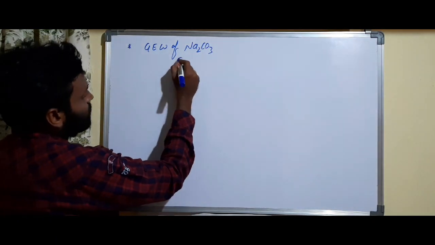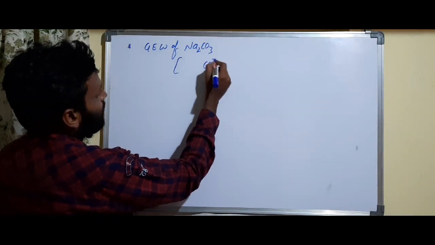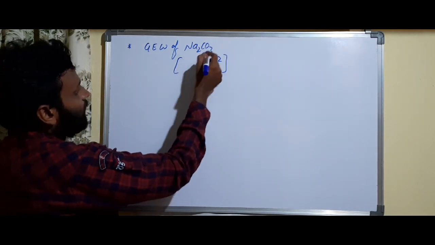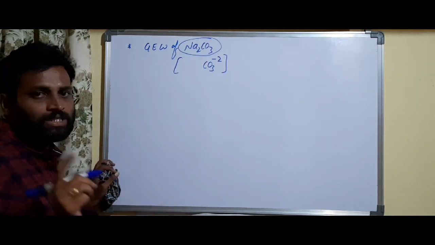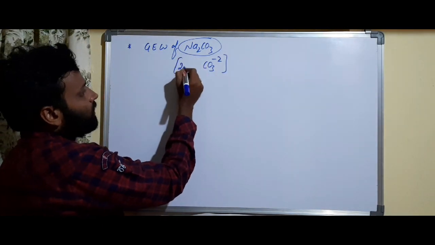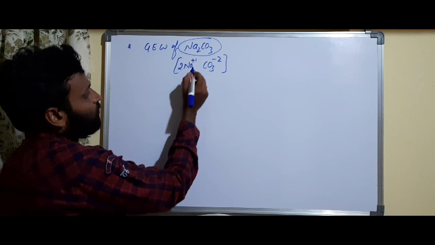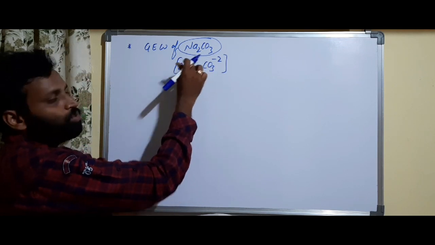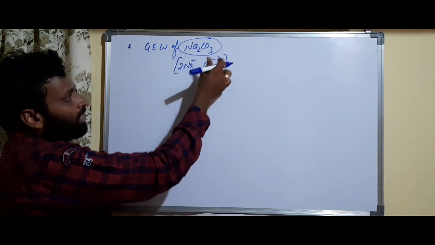How to get charges? Very simple. CO3 is minus 2, so the overall charge of a particular salt will be 0. So 2 sodiums have plus 2; 1 sodium is plus 1, 2 sodiums plus 2, carbonate minus 2.